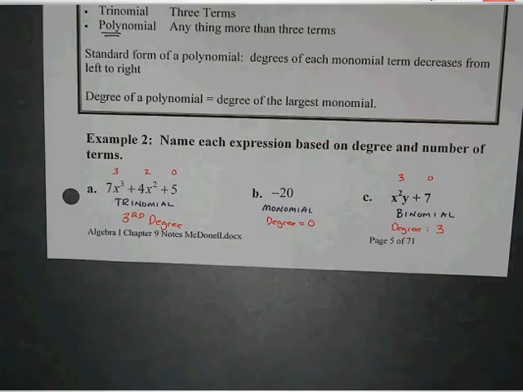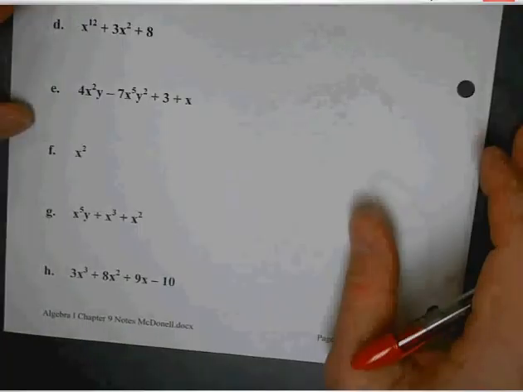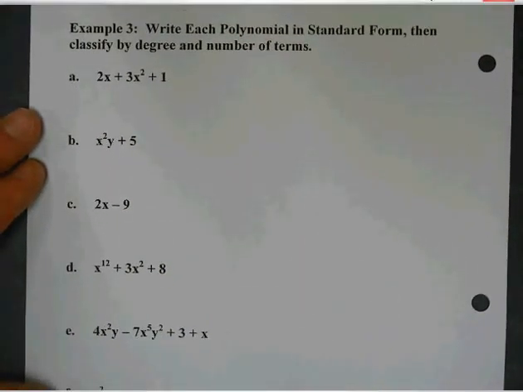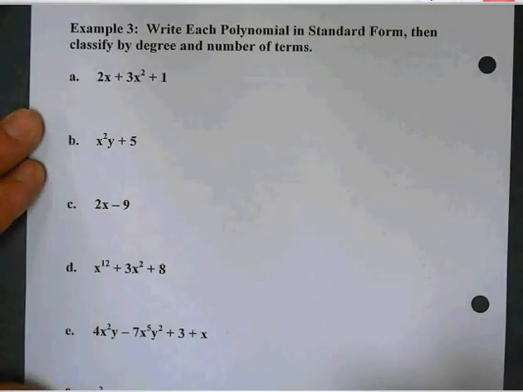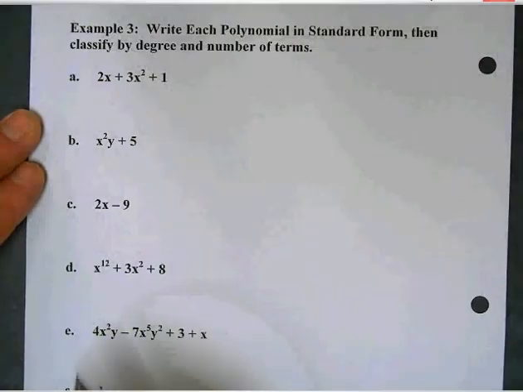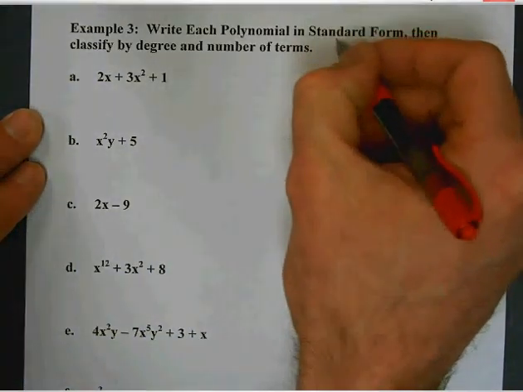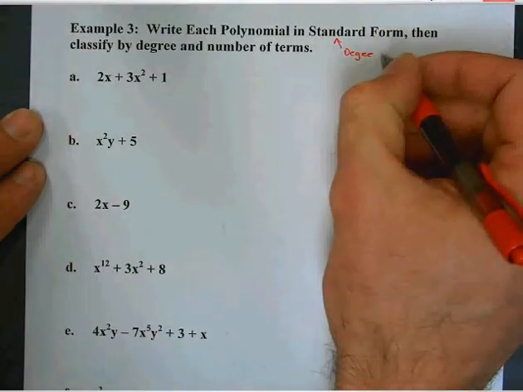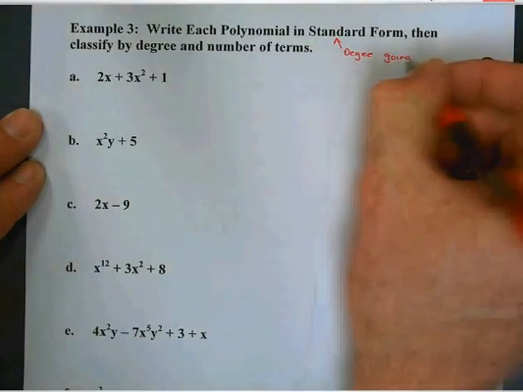All right, flip it over. It says, write each polynomial in standard form, then classify by degree and the number of terms. Okay, so standard form. Remember, standard form means decreasing degree. Okay, so the degree is going down.